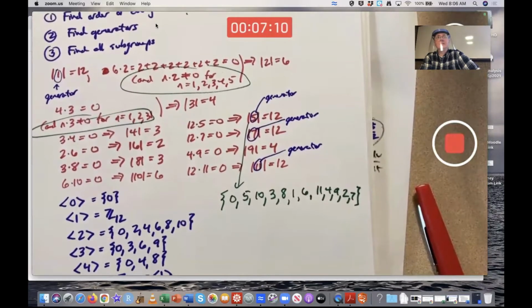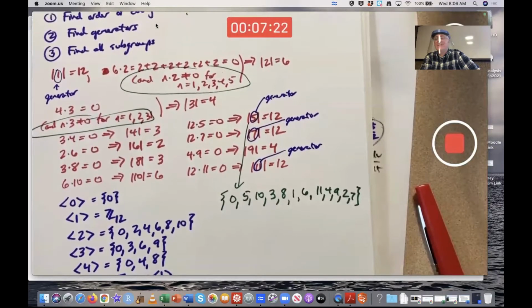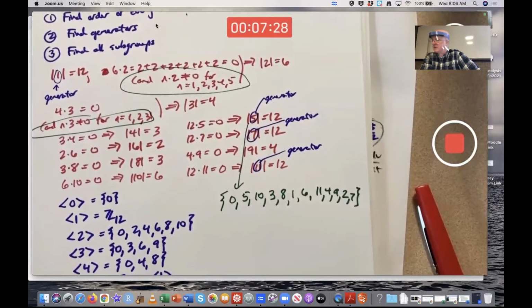And that always works. The generators of Zn are the elements of Un, not an accident. And those are the positive integers less than 12, in this case, that are relatively prime to 12. The GCD of those with 12 is 1.